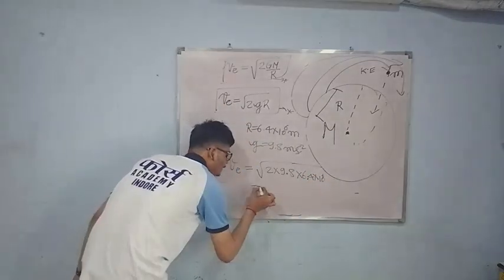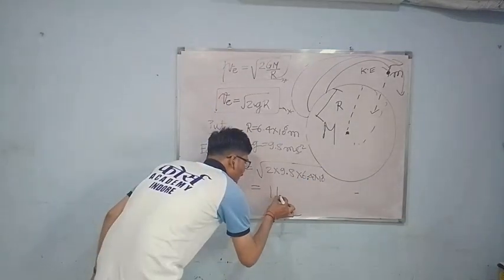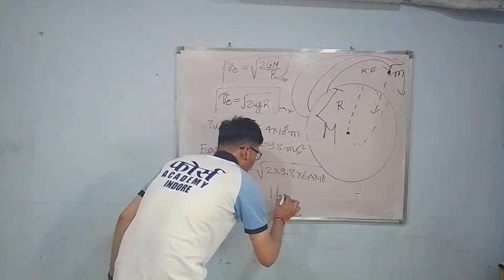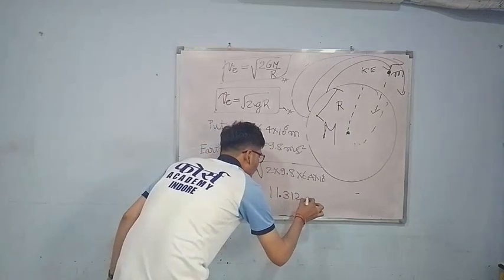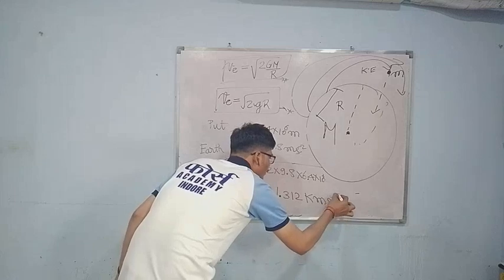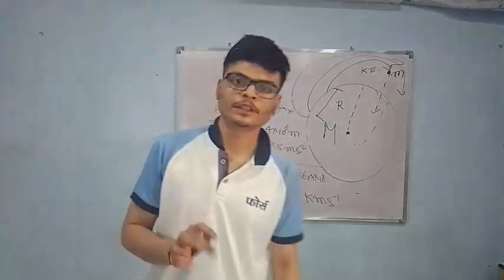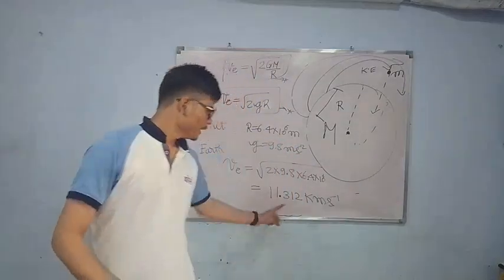On simplifying this, we will get 11.312 kilometer per second. The escape velocity of Earth is 11.312 kilometer per second.